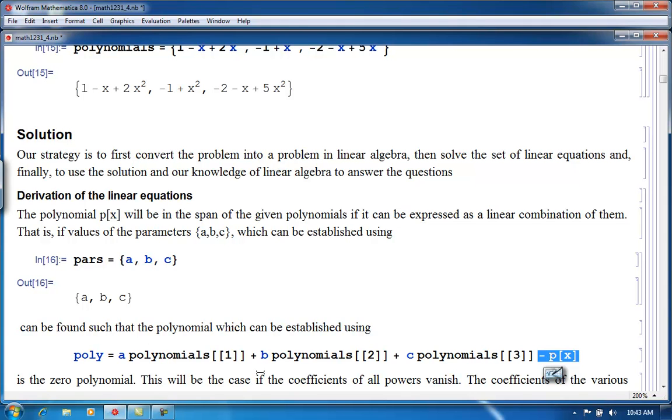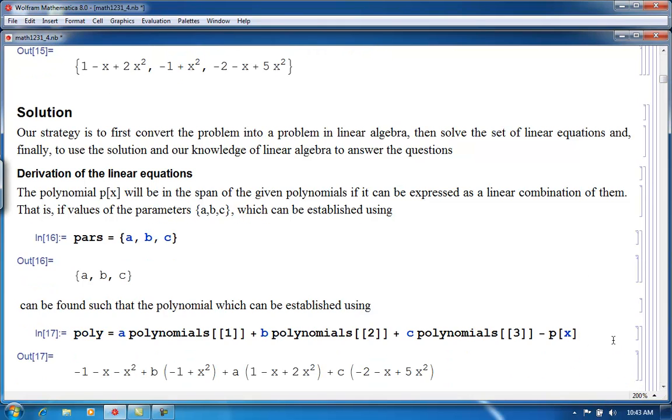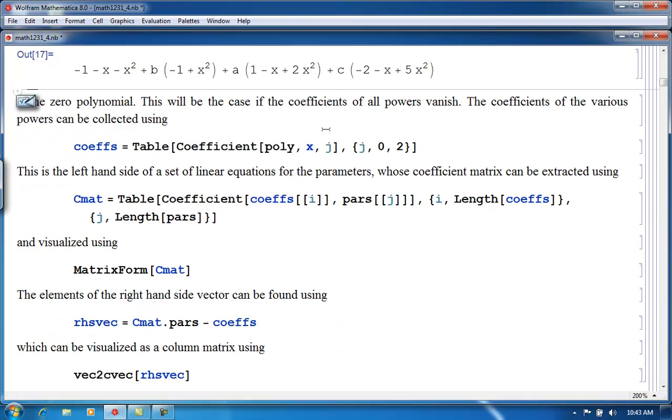Well, this will be the case if the coefficients of all powers vanish. So let's calculate those. First of all, let's establish this polynomial there, and we need to calculate the coefficients of the various powers. There's a mathematical function called coefficient, which takes as input some object and then produces the jth power of the variable x in that expression.